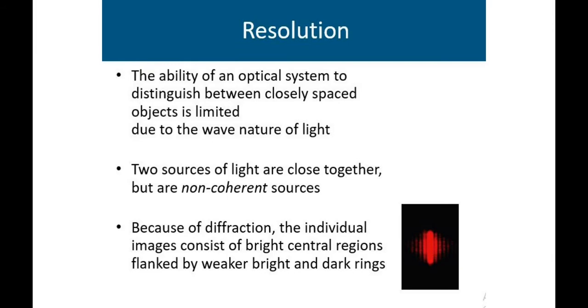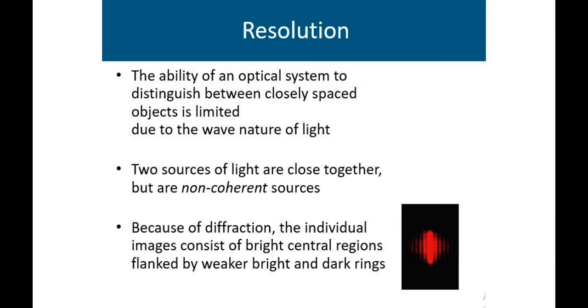Okay, let's talk about resolution. It is the ability of an optical system to distinguish between closely spaced objects. Because we use light, because of the wave nature of light, we are limited in resolution.